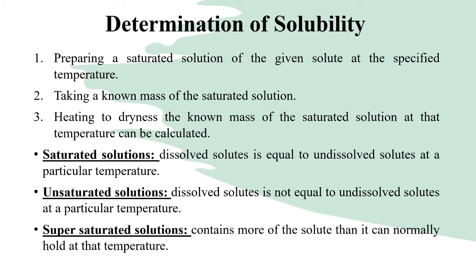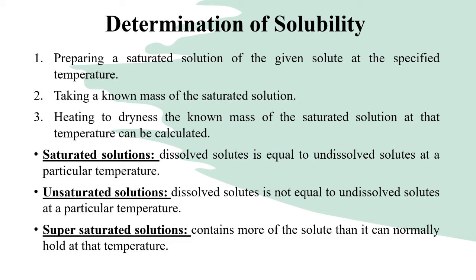Determination of solubility. The solubility of a substance or a solute in a solvent at a particular temperature is the maximum amount of the solute in gram that will saturate 1 dm³ of the solvent at that temperature.